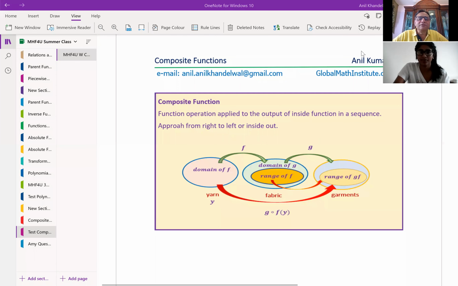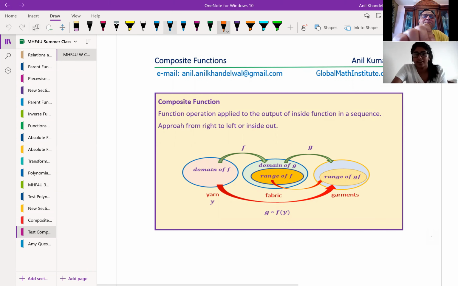So there you go. I hope you remember the very first screen, which is based on composite functions, correct? We took this example: from yarn, you make fabric, and from fabric, you make garments.